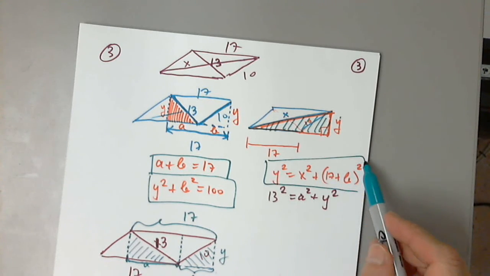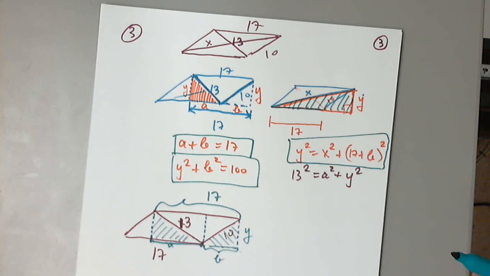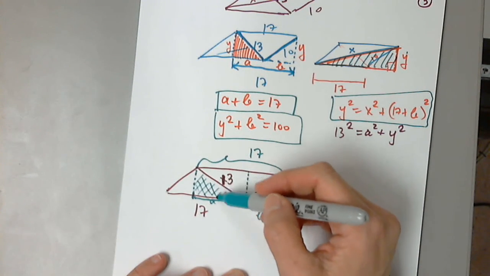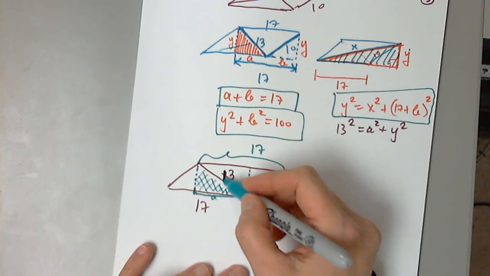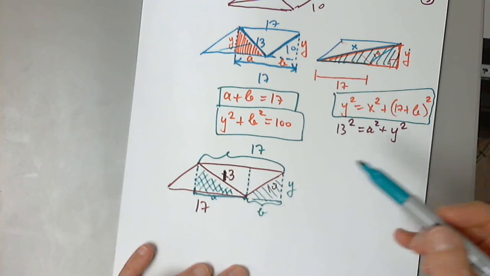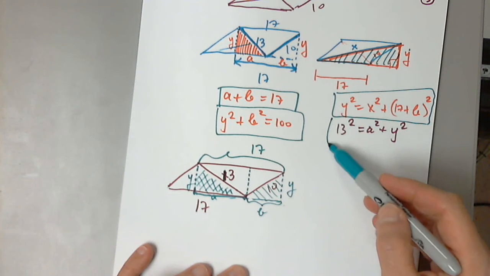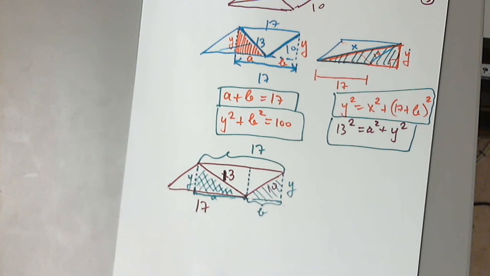This is where the third equation is coming from. And also from this triangle, I have that 13 squared equals a squared plus y squared. This is also y. So I have 4 equations, and I should be able to solve for all unknowns.